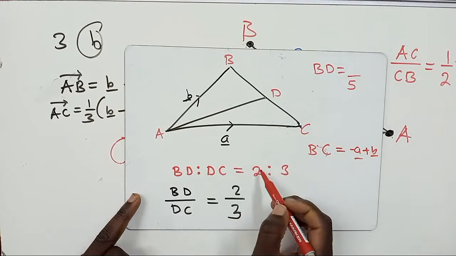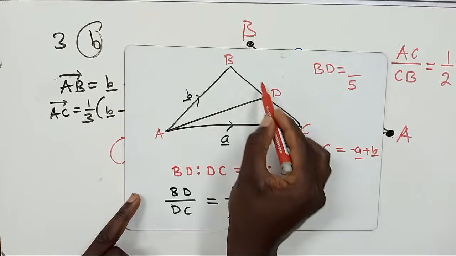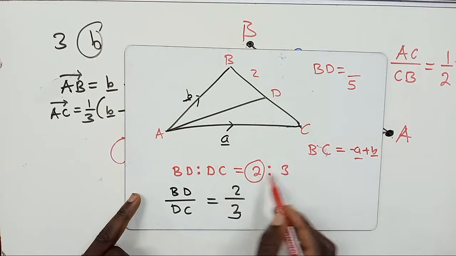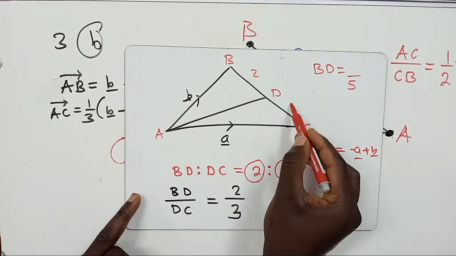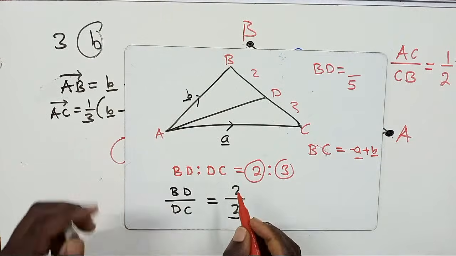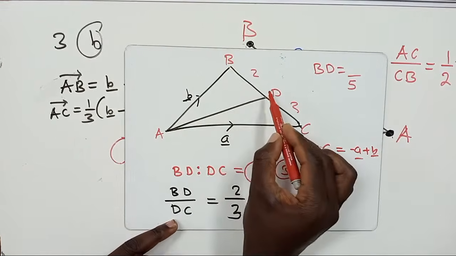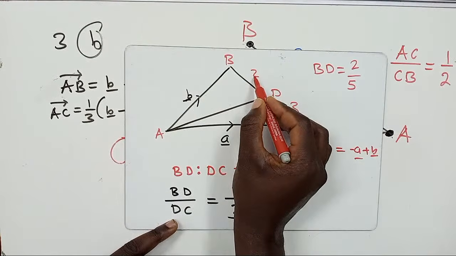So now, BD is moving in line with 2, and then DC is moving in line with a 3. So what you normally do here, depending on what they have asked you, if it's BD, you put a 2, because BD is being represented by 2.